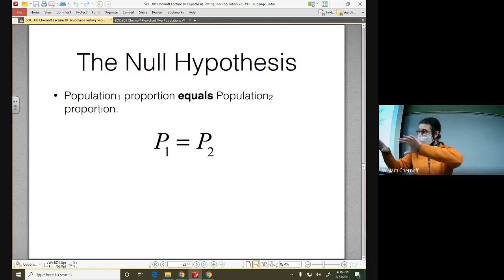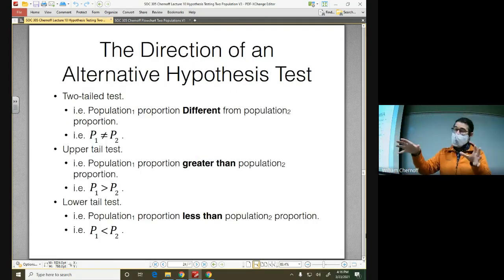And again, whenever we're using this method, there's only one null hypothesis: the proportion in population 1 equals the proportion in population 2. When it comes to your alternative hypothesis, again, there are three alternatives. The proportions are either different, the first proportion is greater than the second proportion, or the first proportion is less than the second proportion.